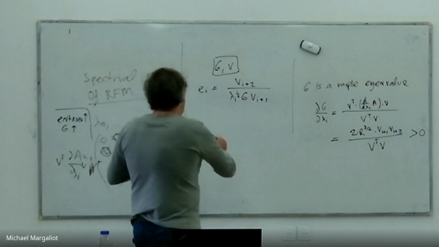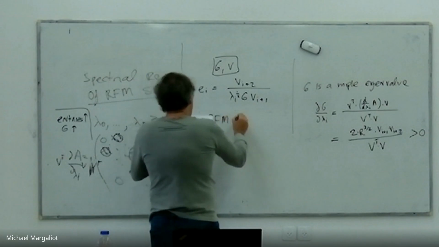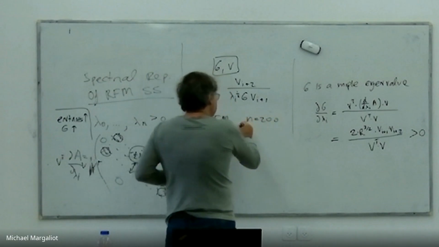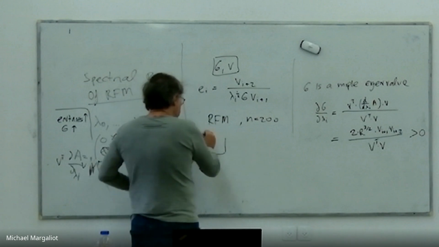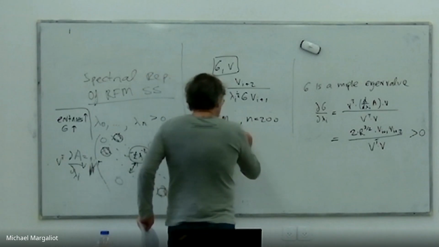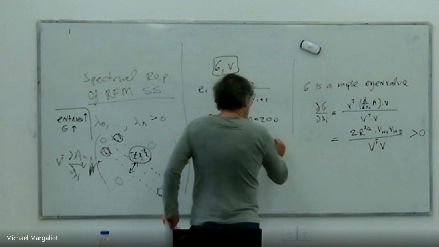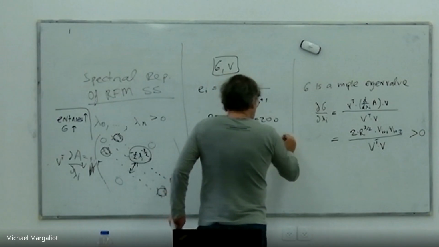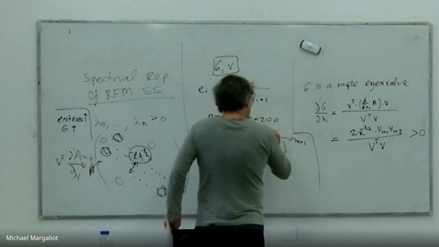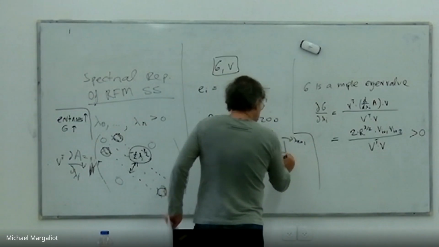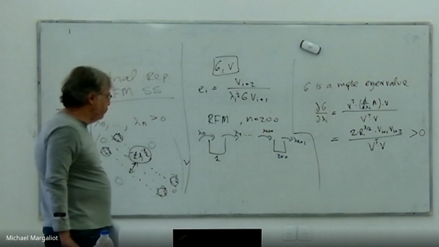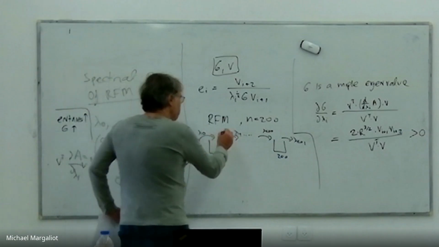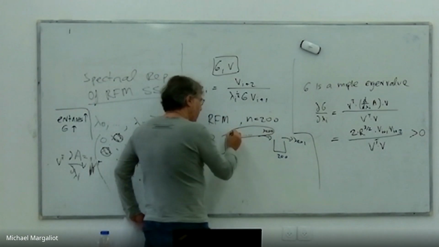So what do I do? I take an RFM with n equal to 200. And I assume, just for simplicity, that all the internal rates are equal to 1.